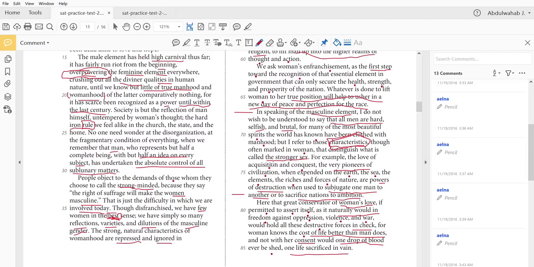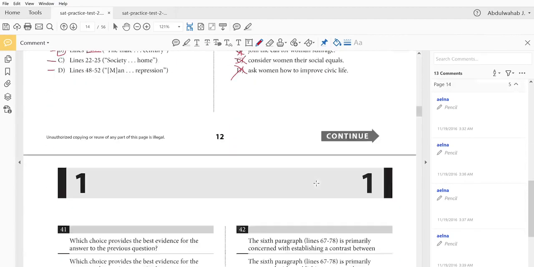For example, the love of acquisition and conquest, the very pioneers of civilization, when expanded on the earth, when they take effect on the earth, the sea, the elements, the riches and forces of nature are powers of destruction, when used to subjugate, to oppress one man to another, or to sacrifice nations to ambition.